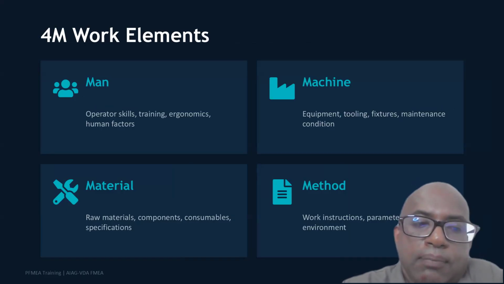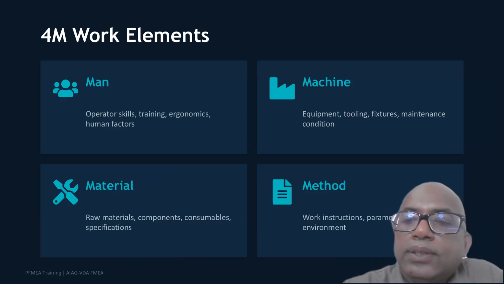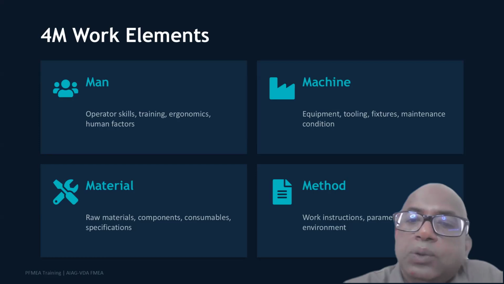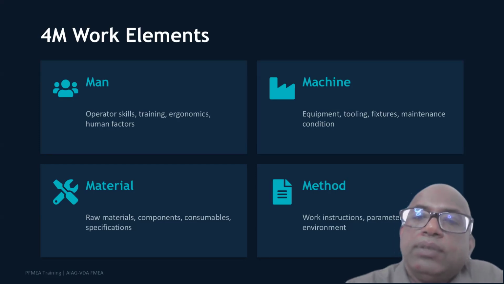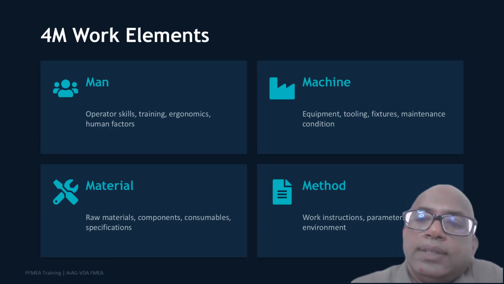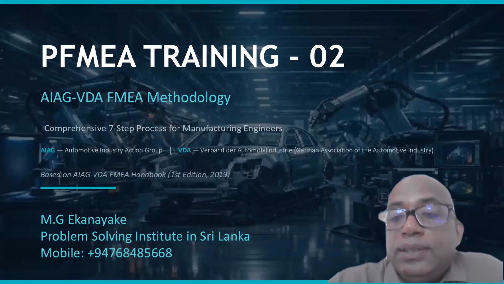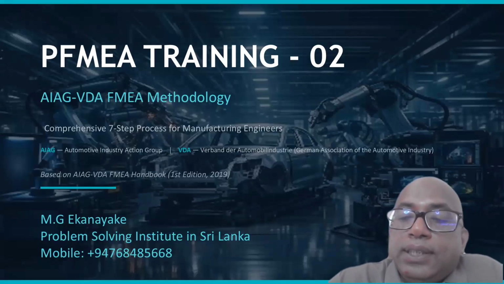Material: raw materials, components, consumables, specifications. Method: work instructions, parameters, environmental factors, and everything you can consider as the method of this process. Okay, this is the first lesson.